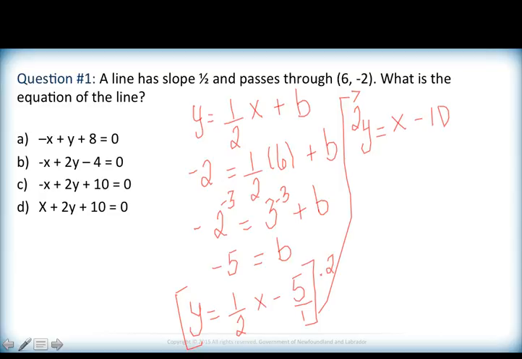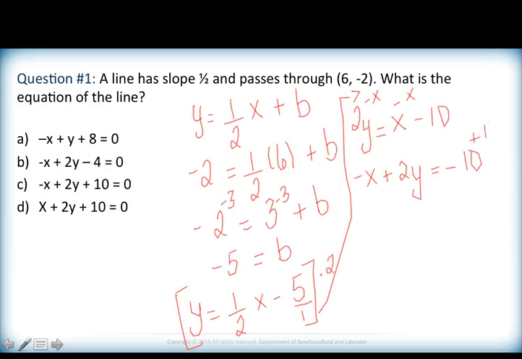From this step, we're going to keep going now and solve for general form. We're going to subtract x on both sides. When we do that, we rewrite x as the first term, since the general form is ax plus by plus c equals 0. And that's going to equal -10. We're going to keep going.